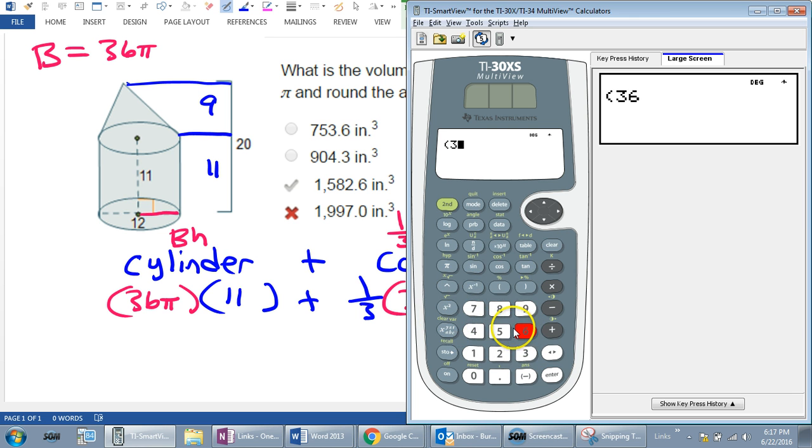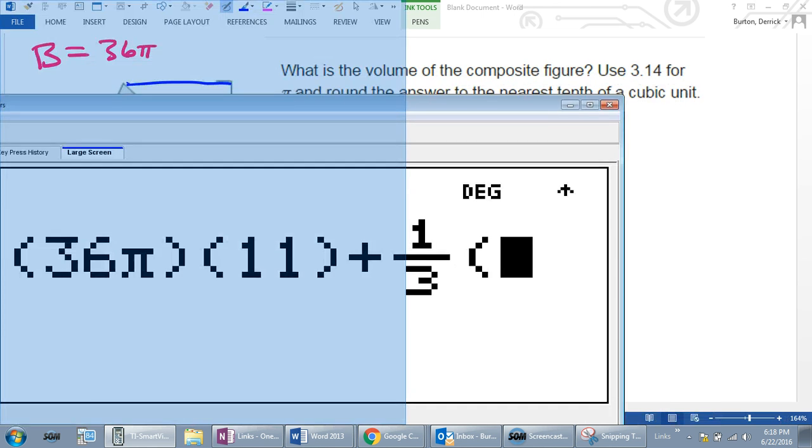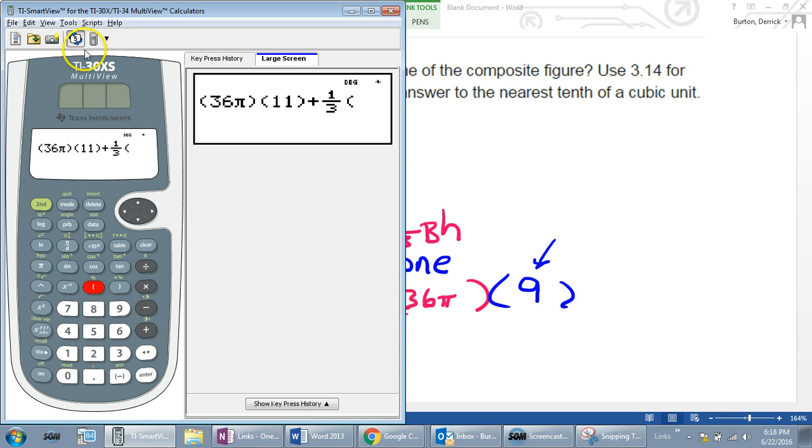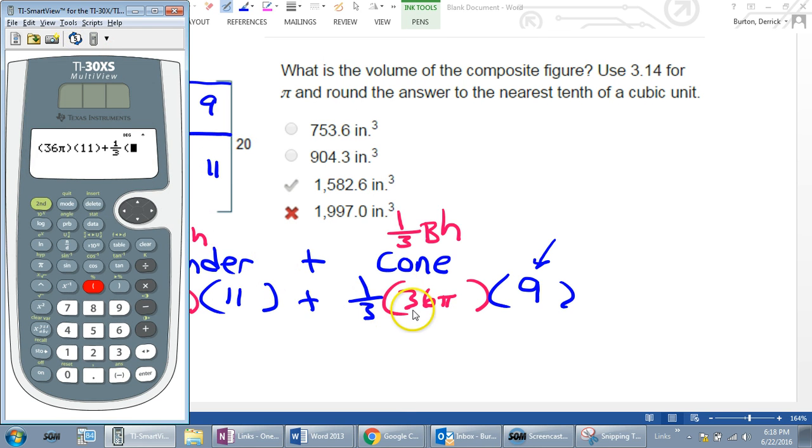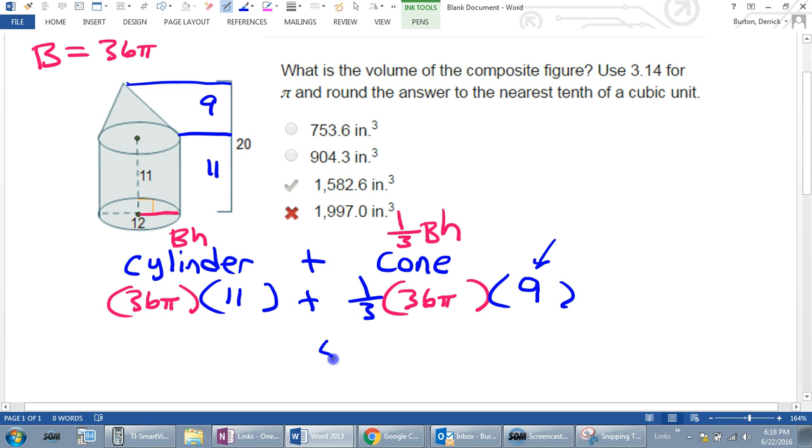So I'll go 36 pi times 11, and then plus 1/3, and again I have 36 pi, and then times 9. That gives me 504 pi.